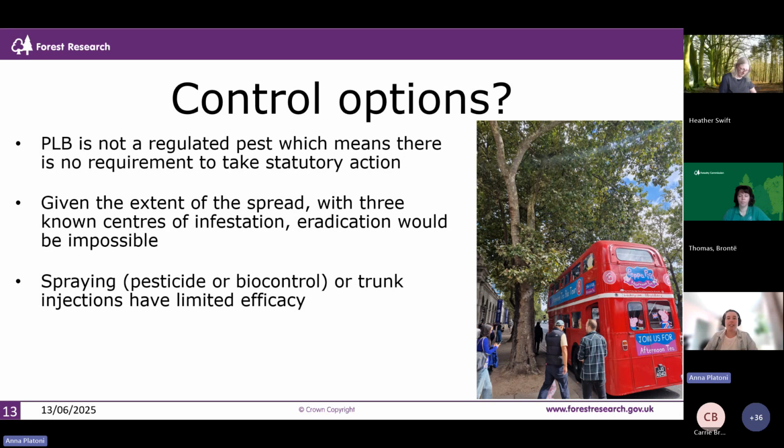And in addition, I use this picture here to illustrate what it would mean to use spray or trunk injections on these trees in such highly trafficked areas. That would likely come with public opposition.